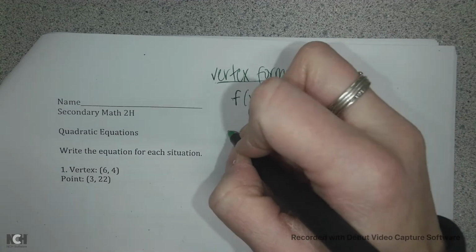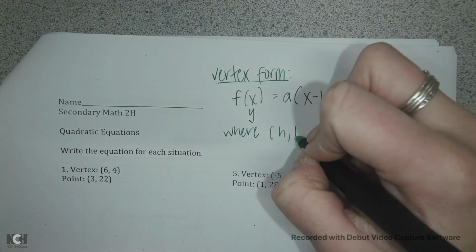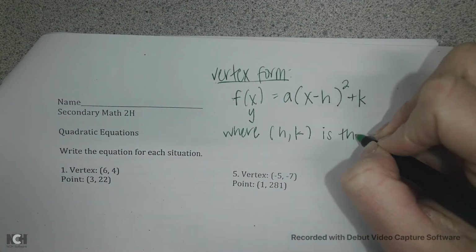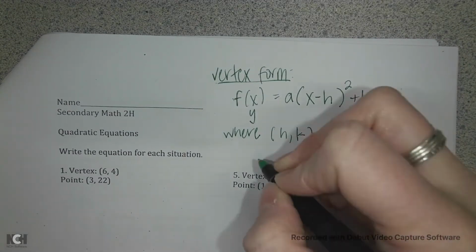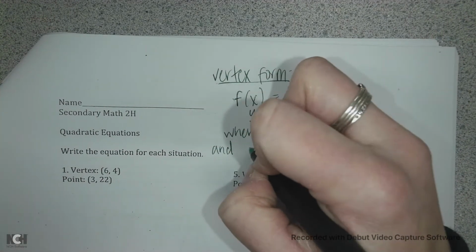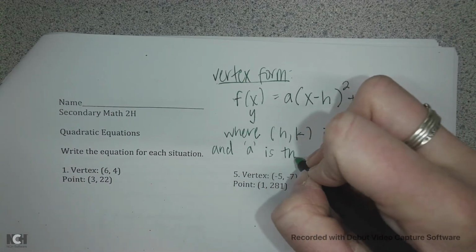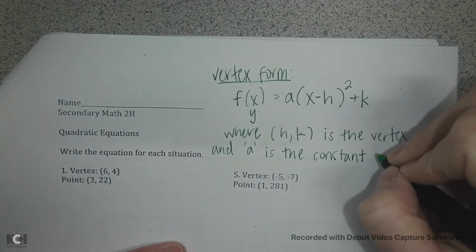And this equation is where h and k is the vertex and a is the constant multiplier.